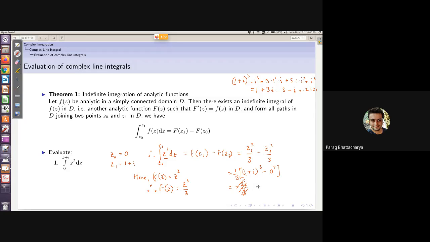So this will be equal to minus 2 by 3 (1 plus i). Okay, so I hope you got this answer.